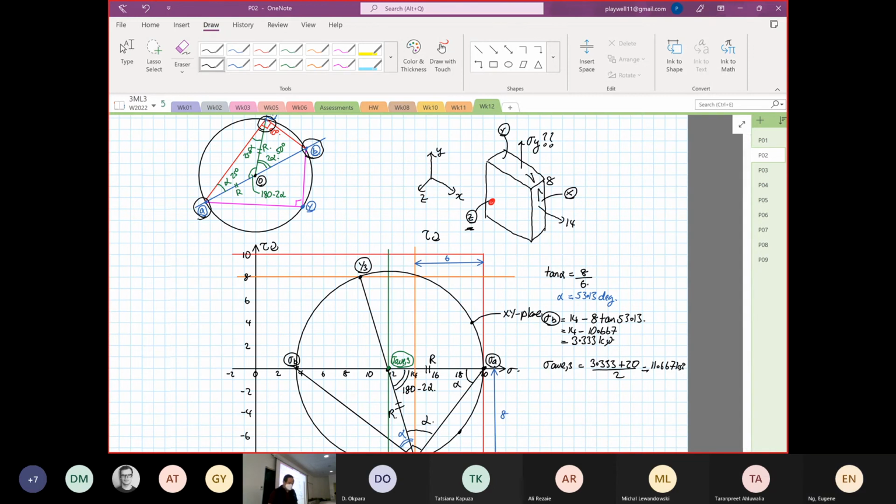So let me calculate what is 180 minus 2 alpha. 180 minus twice 53.13 is equal to 73.74 degrees.